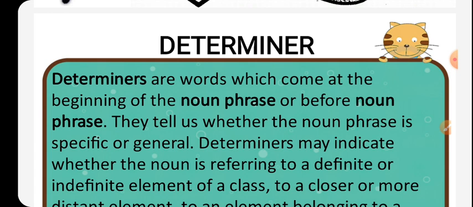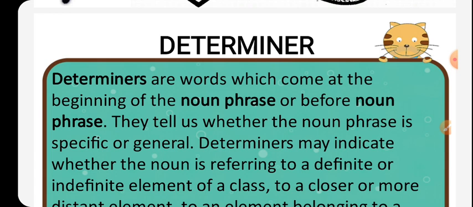Let's take an example. My pen is on the table. If I want to know the determiner of the sentence, I simply have to ask whose pen. Whose pen is on the table? Then I will get to know that my pen is on the table, and that's a determiner.